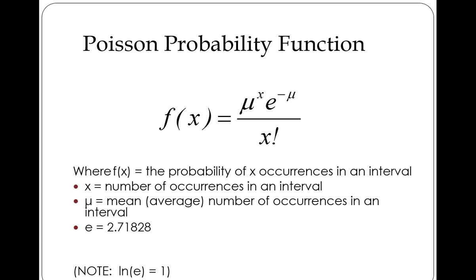And e is approximately 2.71828. Technically, e is the number for which the natural log of e is equal to 1. So if you punch 2.71828 into your calculator and hit the ln function, you're going to get 1, or something pretty close to 1.